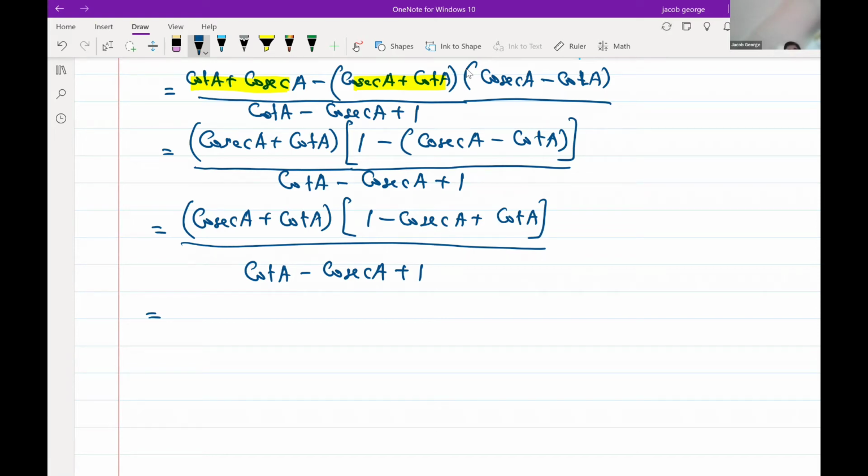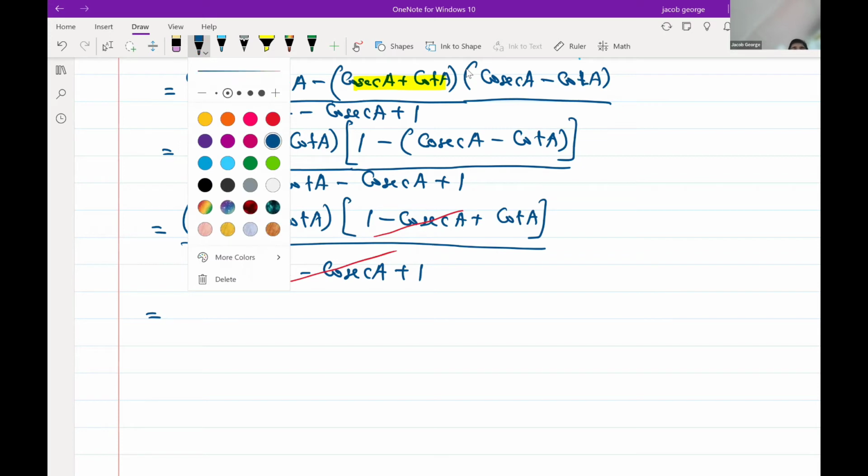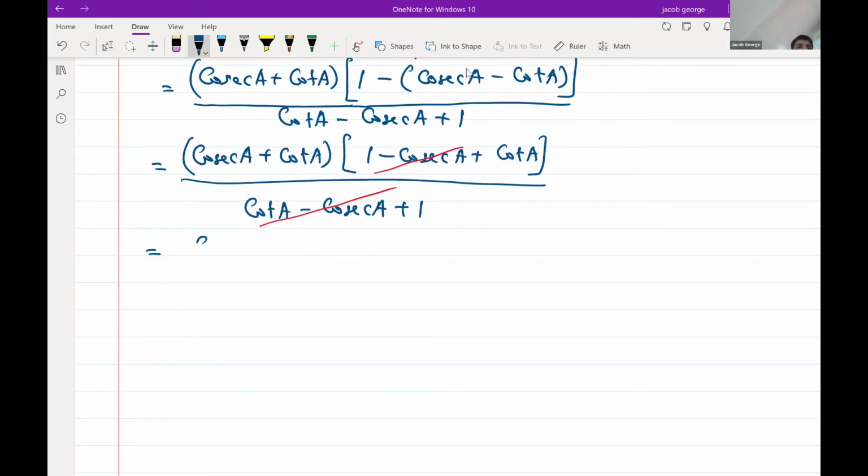Is that clear, right? Yes. Now, the next step is we have to cut this. We will cut these two. Then we get cosec A plus cot A. Look at the answer.